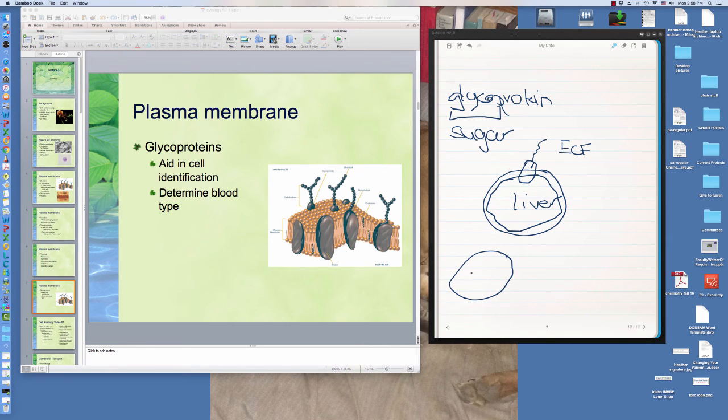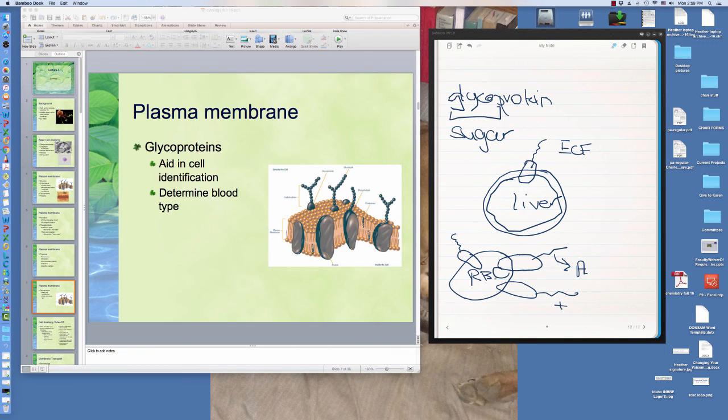If this was instead a red blood cell, there would be a glycoprotein that identified this cell as a red blood cell, and then assuming this person has blood type A positive, there would be a glycoprotein that represents the A, and another glycoprotein that represents the rhesus factor, or the positive. So glycoproteins are used both to identify cell type and then even more specifically blood type.